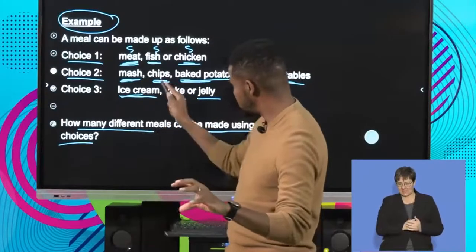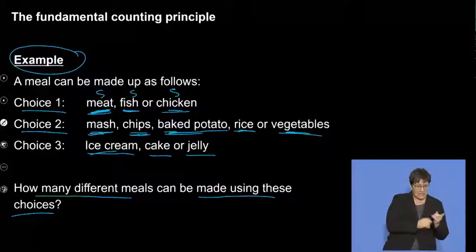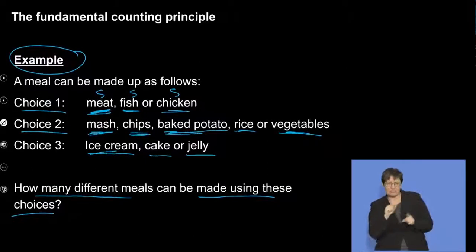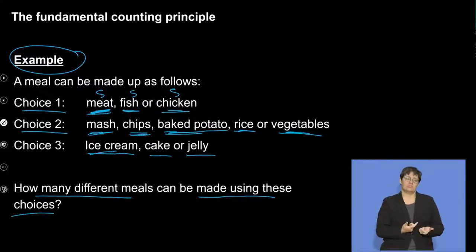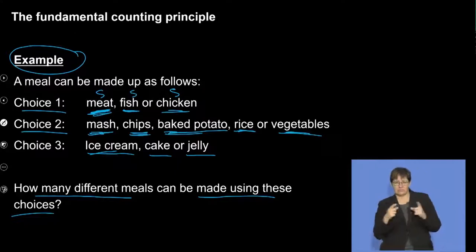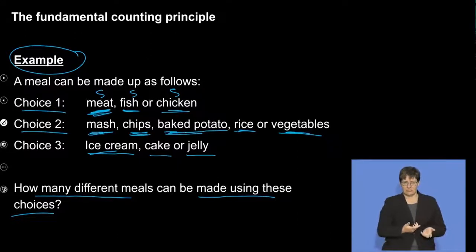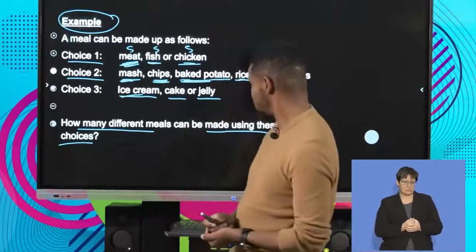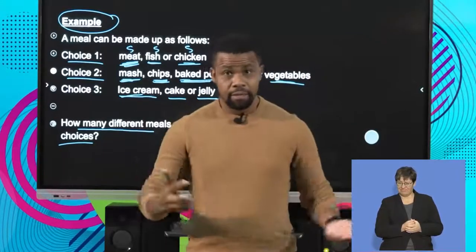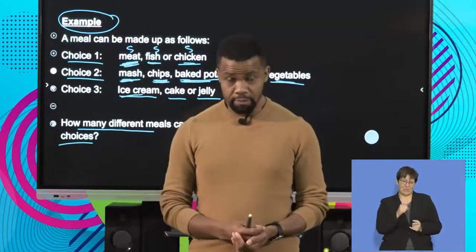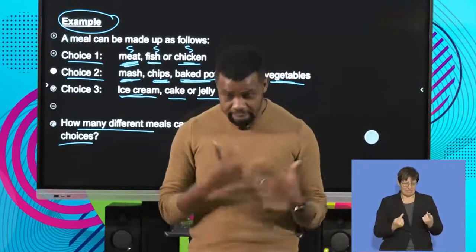Because I can take meat, mash, ice cream. But also I can take meat, chips, and still ice cream. How many choices are there? Can we really find all of them without using the fundamental principle of counting? I think that will be difficult, but we can.